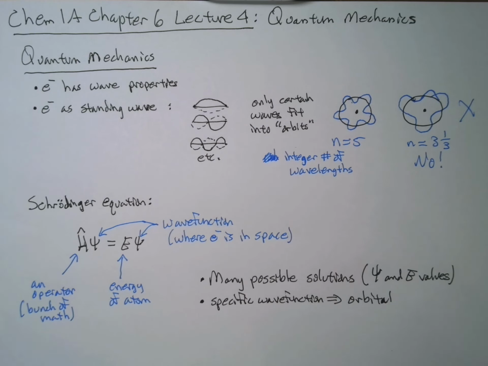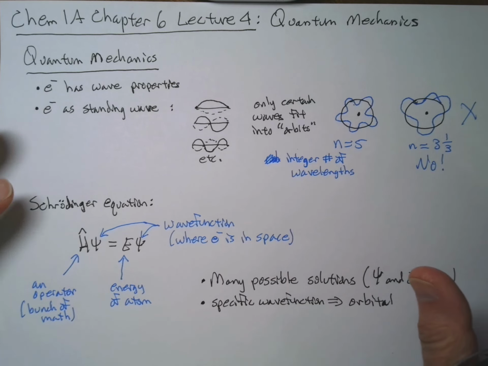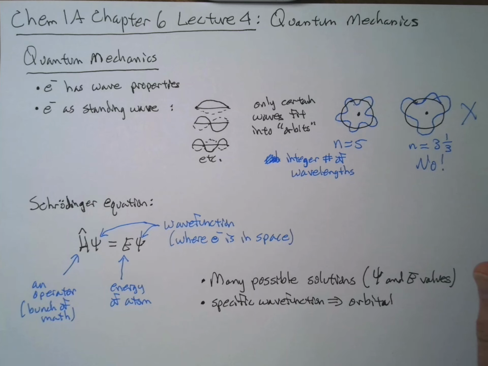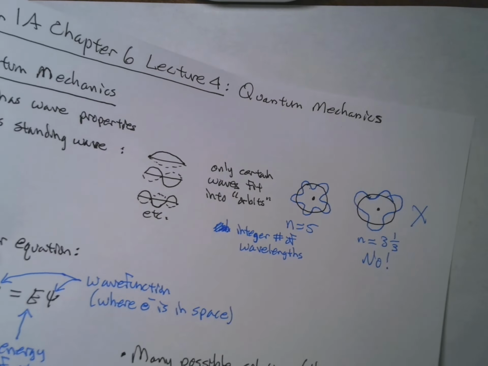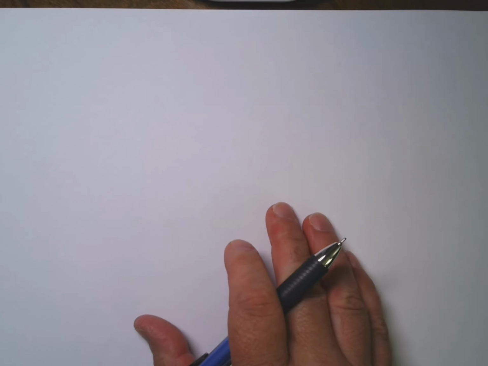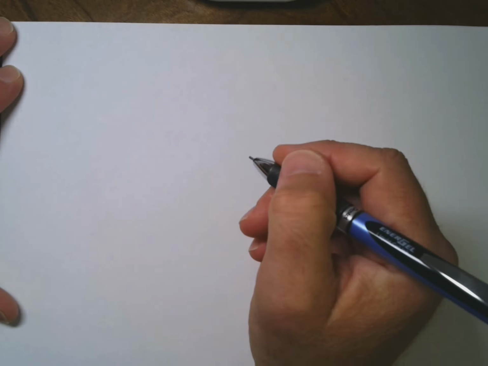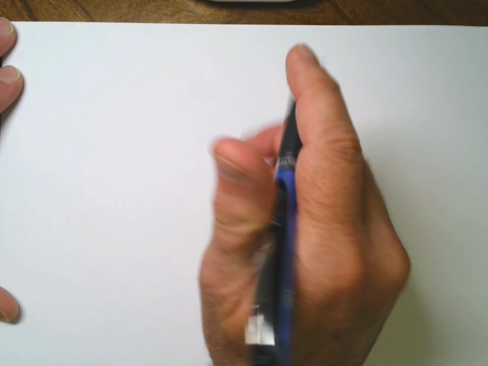And that is similar to the word orbit that Bohr was using and that de Broglie was using up here, but orbitals are not the same things as orbits. That's something important to know. So let's take a little bit closer look here at what's going on. Some important things to note. Again, an orbital does not equal an orbit.